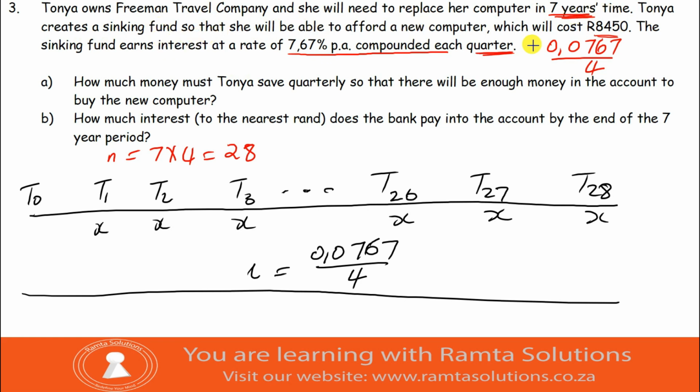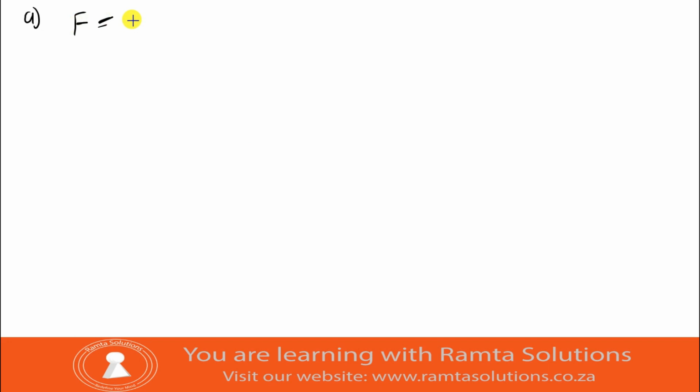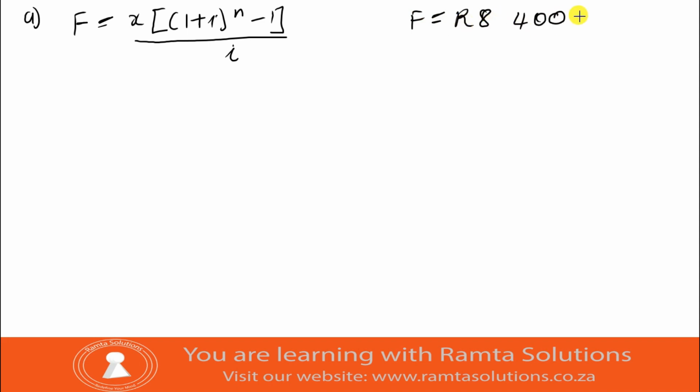Now, this sinking fund, this means it's the F. Now we are looking for X. So F equals X into 1 plus I to the N minus 1 all over I. Now, our F is that 8,400. We are looking for X. Our I, we said it's 0.0767 over 4. Number of installments.